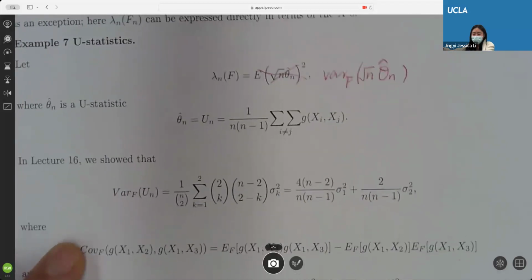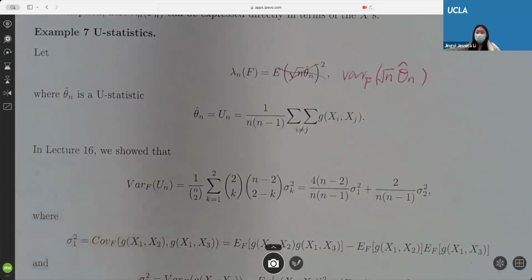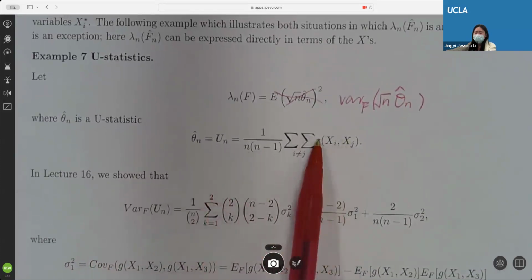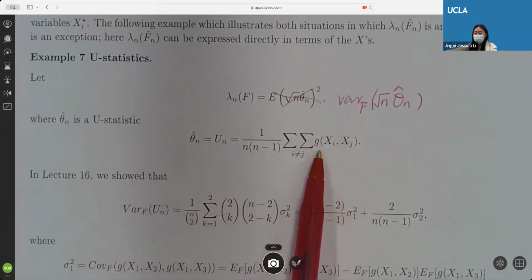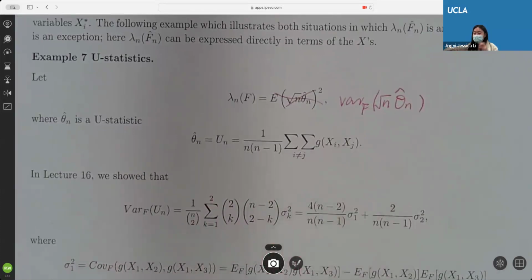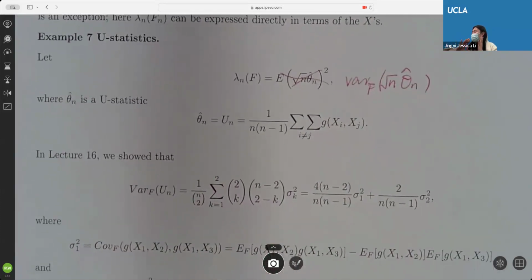We have shown previously this is the variance formula for the U statistic. Since the U statistic, or the functional we use, is defined depending on two hypothetical samples, a hypothetical sample of size 2, the U statistic's variance only has two terms, sigma 1 squared and sigma 2 squared. And if you remember, this is based on the so-called H projection.